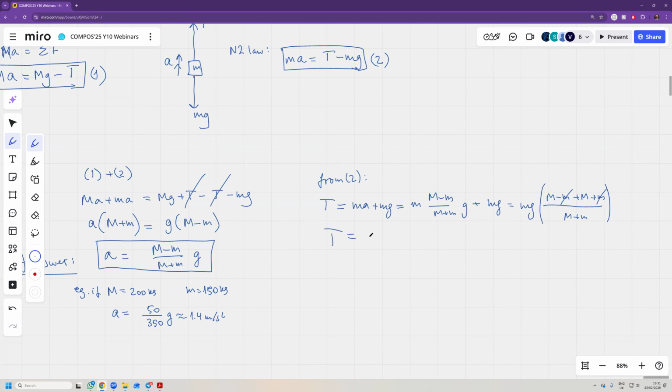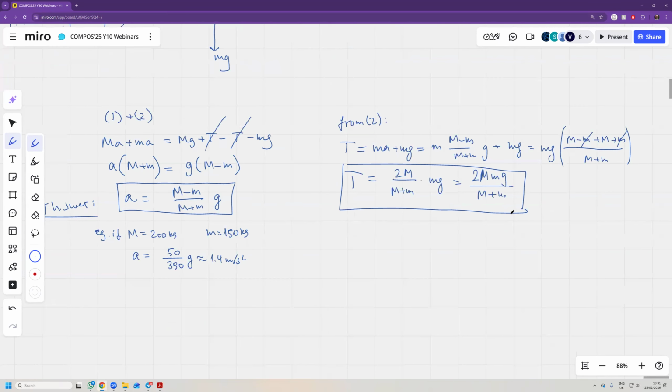So T is 2M divided by (M plus m) times mg, or simply 2Mmg divided by (M plus m). I hope I didn't make a mistake. And this is a standard result.